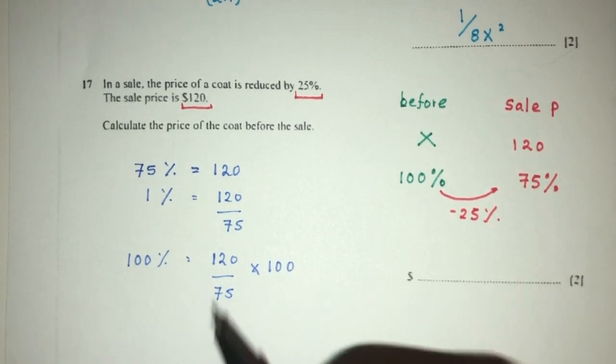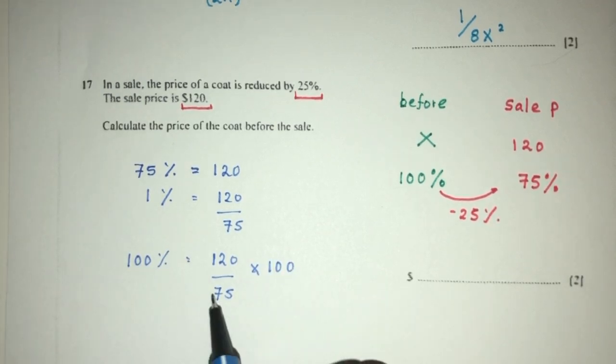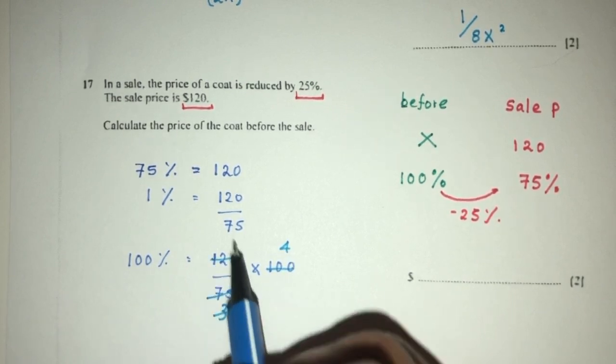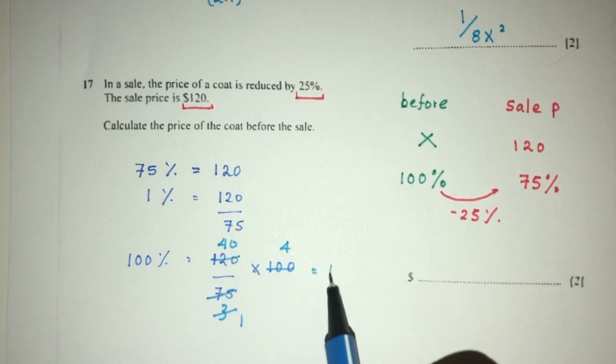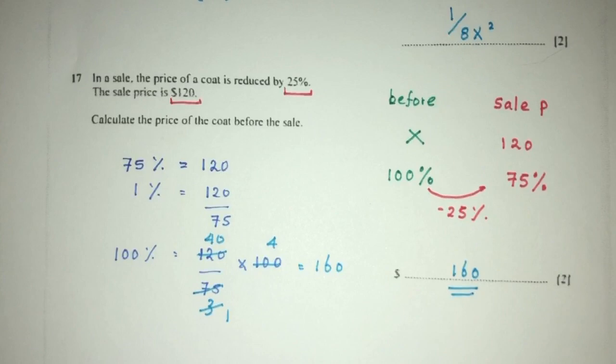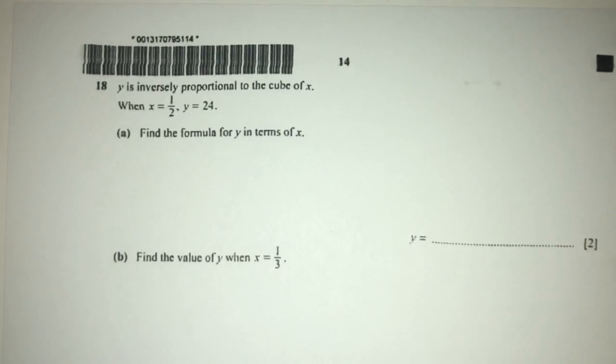Let's divide by 25. You will have 3 here. That will be 4. Divide by 3. That will be 40. That will be 160 for the price of the product before the sale. That will be question 17. Let's move on to question number 18.